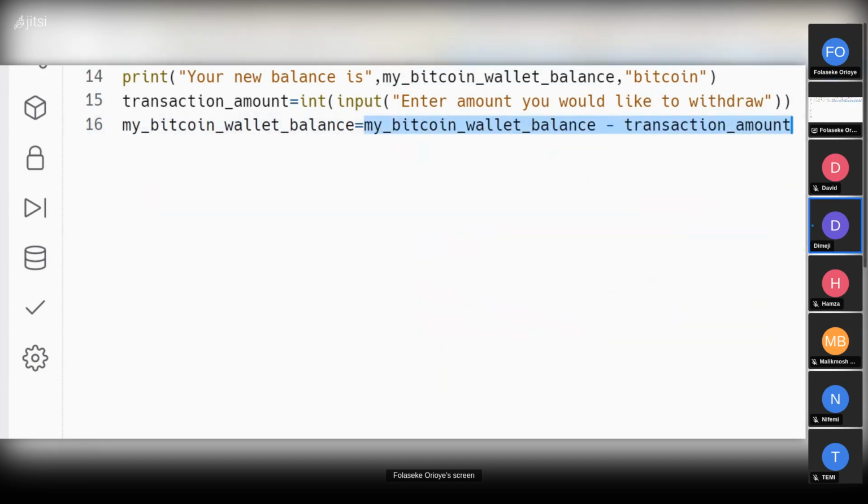I want everybody to listen again. I'll repeat this one more time. Again, when you have a mathematical expression in whatever programming language you are working with, basically Python, the order of execution is to execute the right side first, what Folashike has currently highlighted.